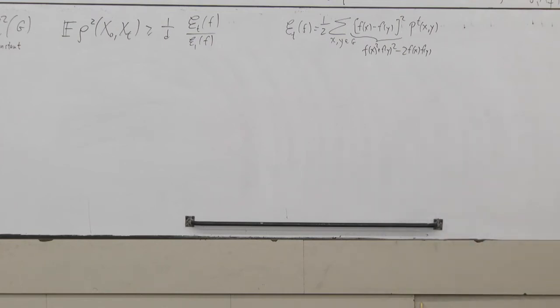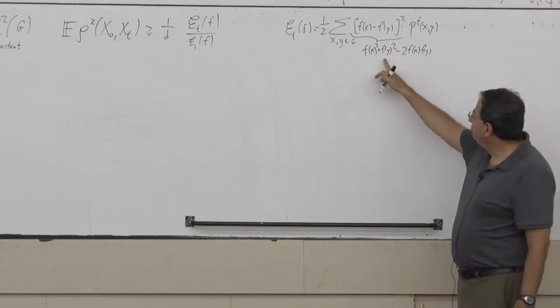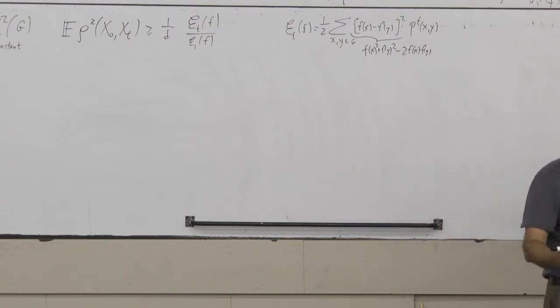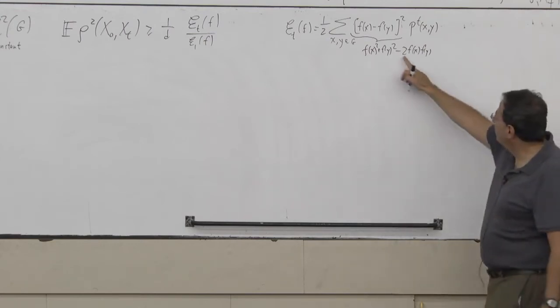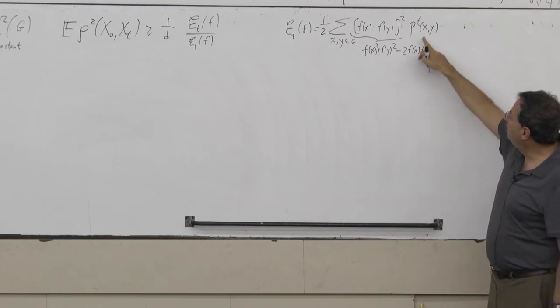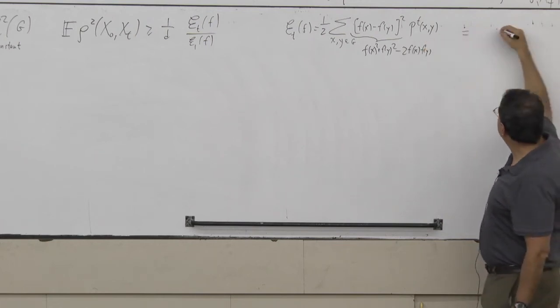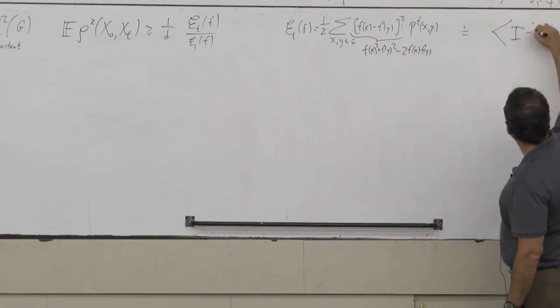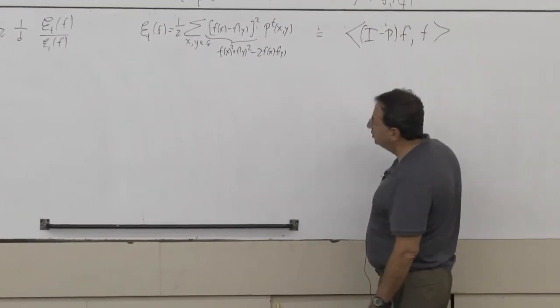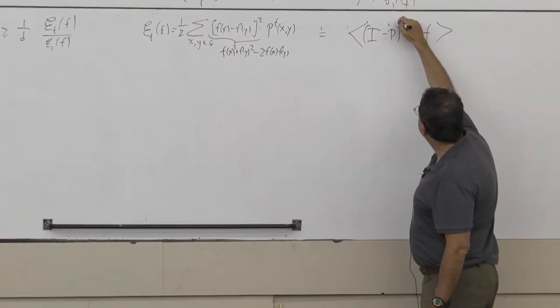So you just get the sum of f of x squared. The same story happens with f of y squared, because p is a symmetric matrix here, so it doesn't matter. And the interesting term is the cross term, so this 2 cancels with the half, and you have the sum of f of x f of y times pt of x, y. So overall, it can be written as an inner product, I minus p to the t applied to f, inner product with f. This is just I minus p to the t, thank you.